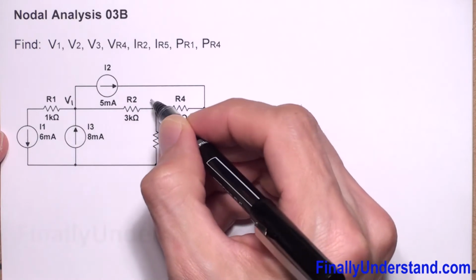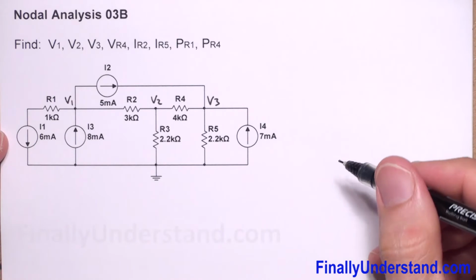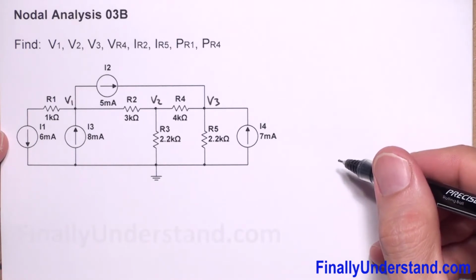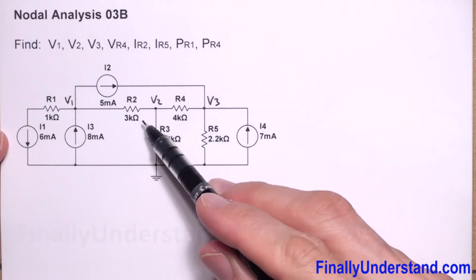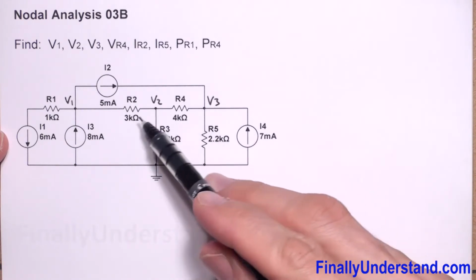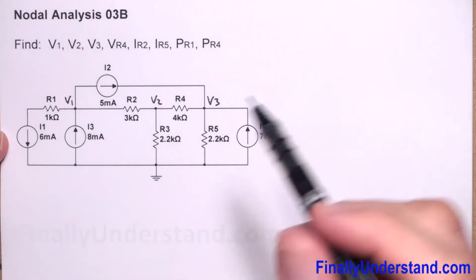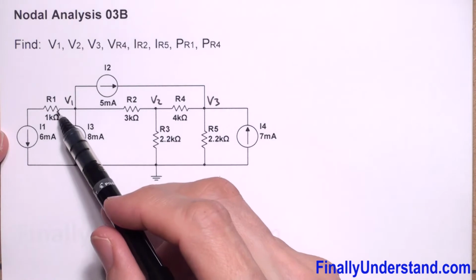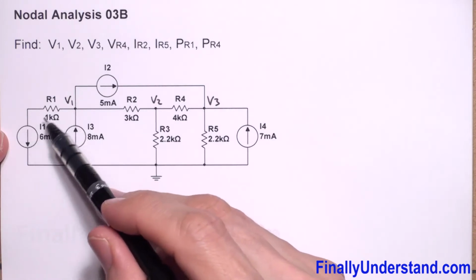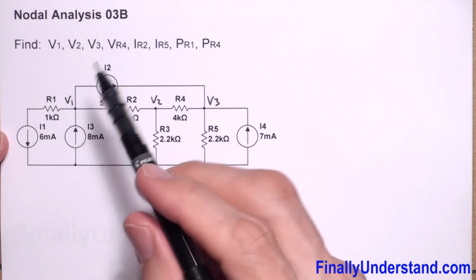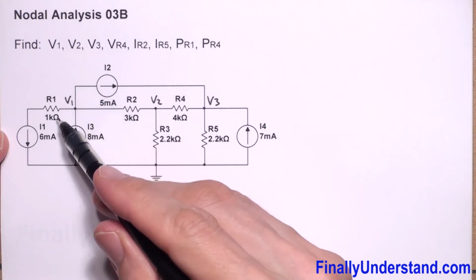V1, this is my V2, and this is my V3. Like always, we're supposed to find Y's. We're supposed to find the admittance of each branch connected to the node. Now, as we said before, if you have a resistor connected in series with the current source, you simply do not convert this to the admittance, or you can call it conductance.